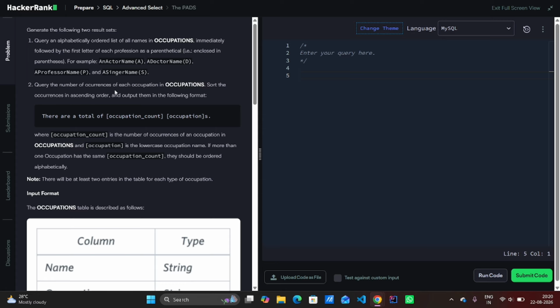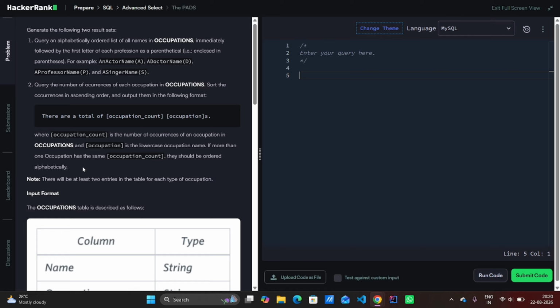Query the number of occurrences of each occupation in the occupations table. Sort the occurrences in ascending order and output them in the following format. There are a total of occupation count, then occupations, where occupation count is the number of occurrences of an occupation in the occupation table, and occupation is the lowercase occupation name.